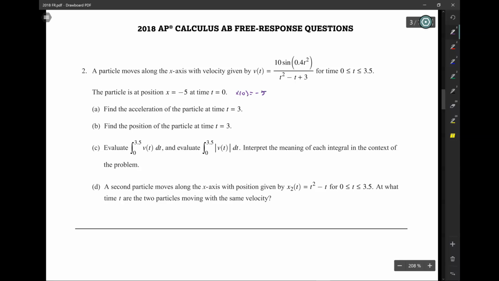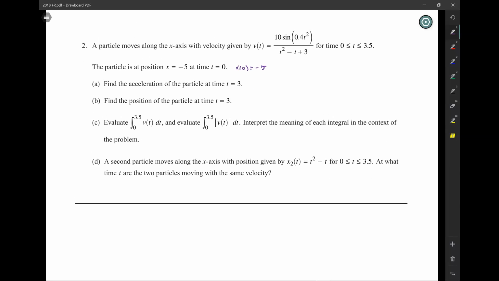Find the acceleration of the particle at t equals 3. Yay, we can do that. That's the derivative. So, part A, you have to write v prime of 3 is equal to, okay?